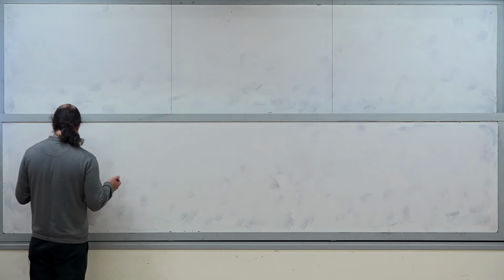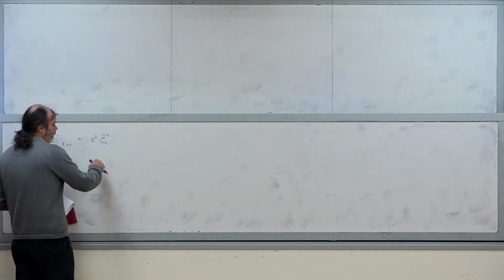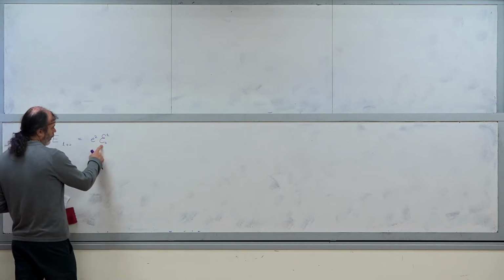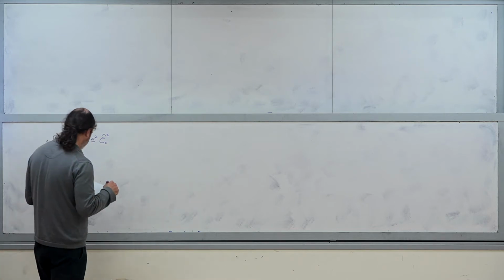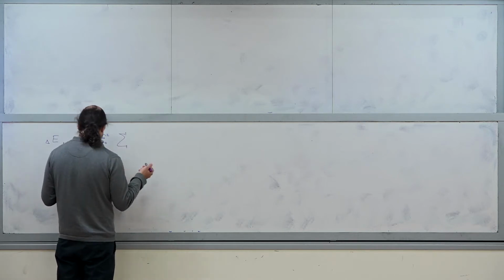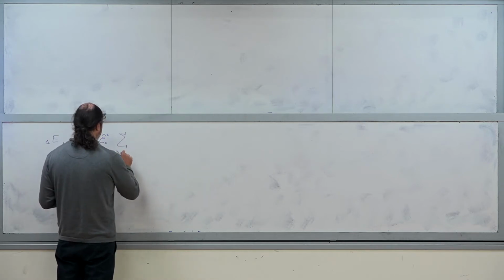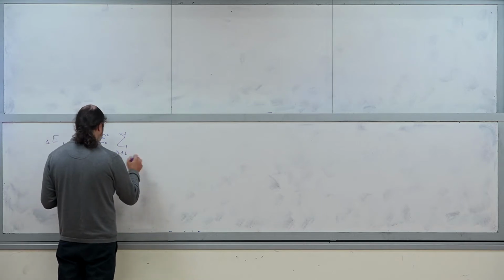So the second order perturbation theory says that we have to take E0 squared, where E0 is the amplitude of the electric field, and multiply by the sum over all wave functions with n not equal to 1.